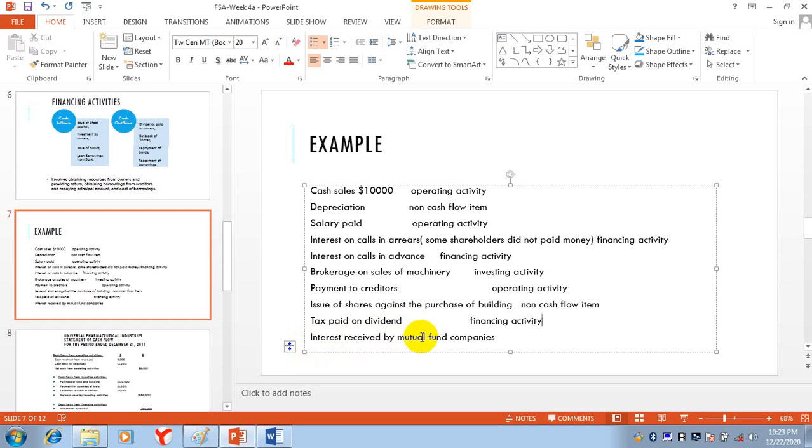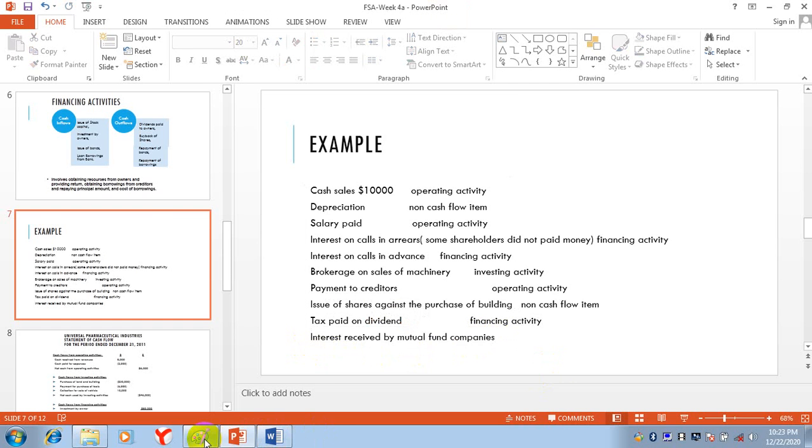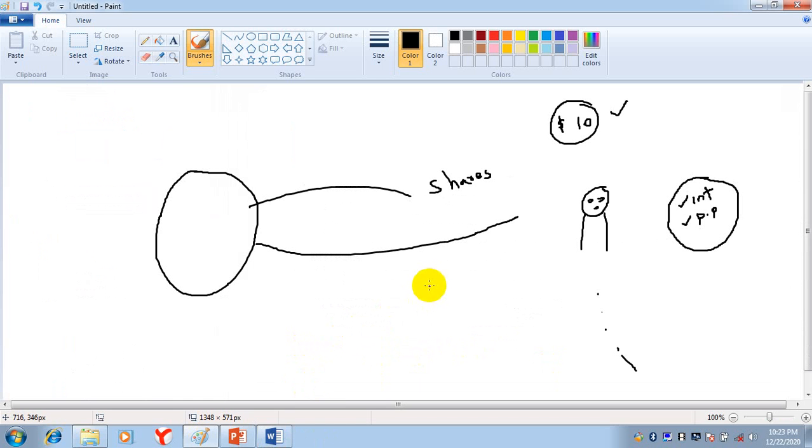Interest received by mutual fund companies. In investment, we studied that the main business of mutual funds is investment in securities.